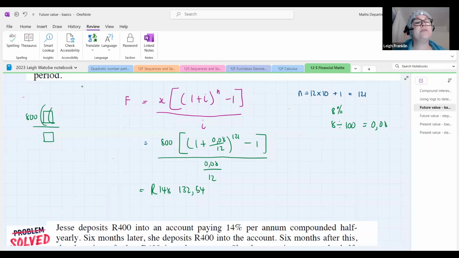Okay, and then you'd press 1 plus, and then press the fraction button again to put the 0,08 at the top of the 12 of the bottom. Close your bracket, press the exponent button to put in the 1 to 1, minus 1, and then you got to close your bracket again. All right, and then you got to go down into the bottom, and you're going to press 0,08, press the fraction button again, and then you could put the 12 at the bottom. Try that, Chloe. There we go.